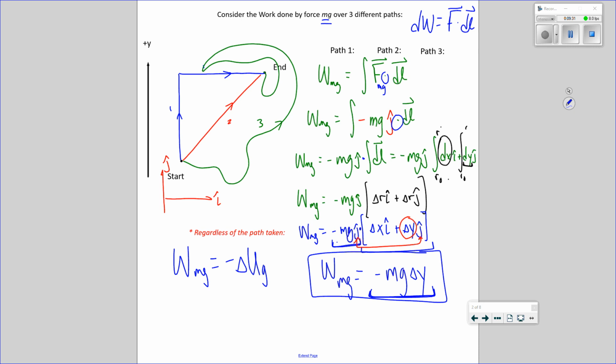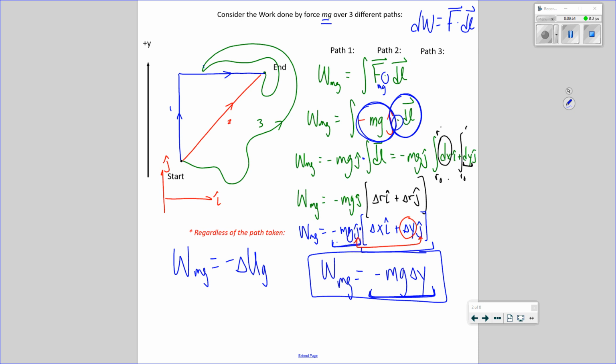Which path? Oh wait, was that for path 1 or path 2 or path... Shoot, which one? Oh wait, every single one of these paths, this is true for, right? This is the force for every path, or it's mg regardless of path taken, that's for sure. It's the gravitational force regardless of path taken.